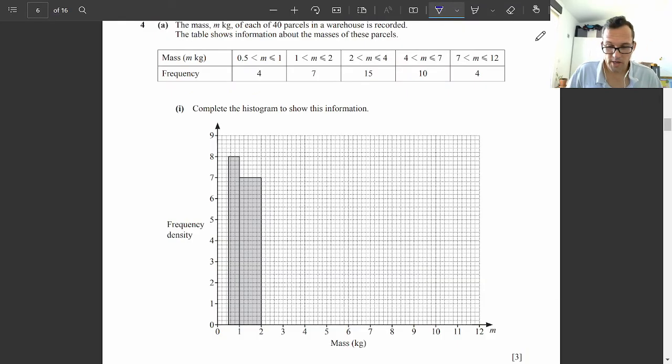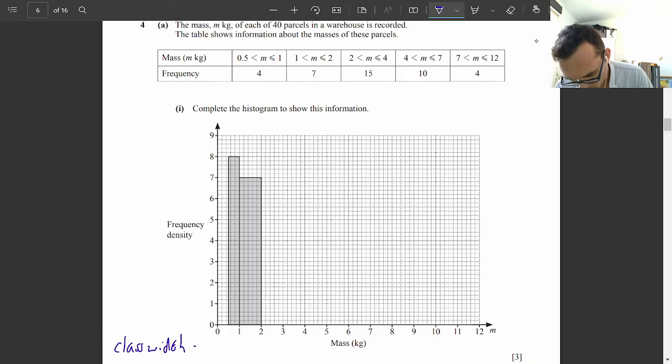Question 4, histograms. Brilliant. First thing to remember about histograms is the class width, let me write this down here. For class width, I'm going to use the abbreviation CW. Let's look at this example here. This class width is 1.